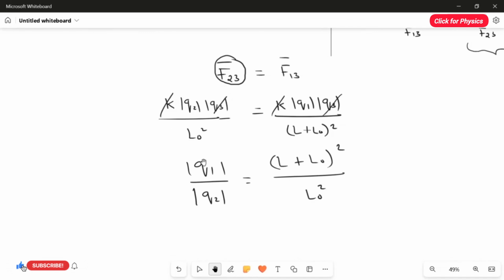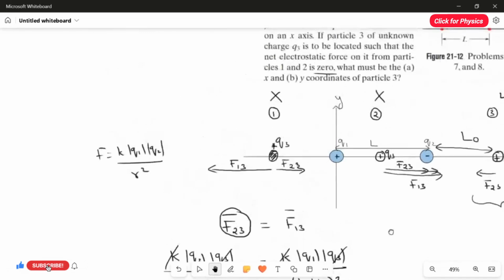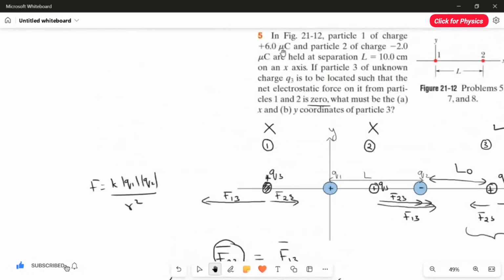The charge Q1 is given as 6 microcoulomb and charge 2 is -2, but we are going to consider only the magnitudes, so we need not worry about the negative. So Q1 takes the value 6 microcoulomb and Q2 takes the value 2 microcoulomb.